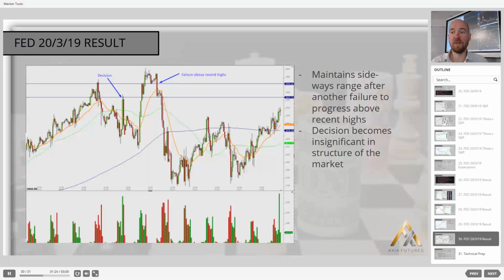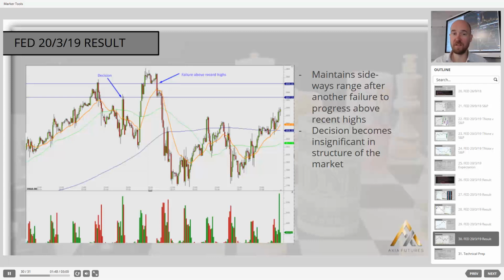And again, this, rather than being a situation to try and play for any of these, is more a recognition of what had been going on to suggest that this was not a scenario or not a time to be trying to play any kind of larger, more expansive, more sustainable move. This was a time to be sitting back and waiting for the next leg, waiting for a market to show you where it wants to go.